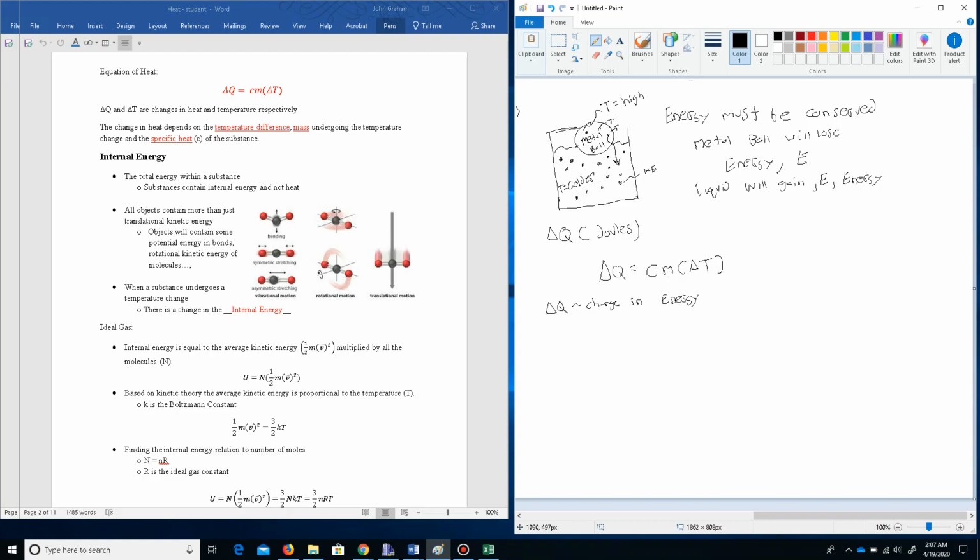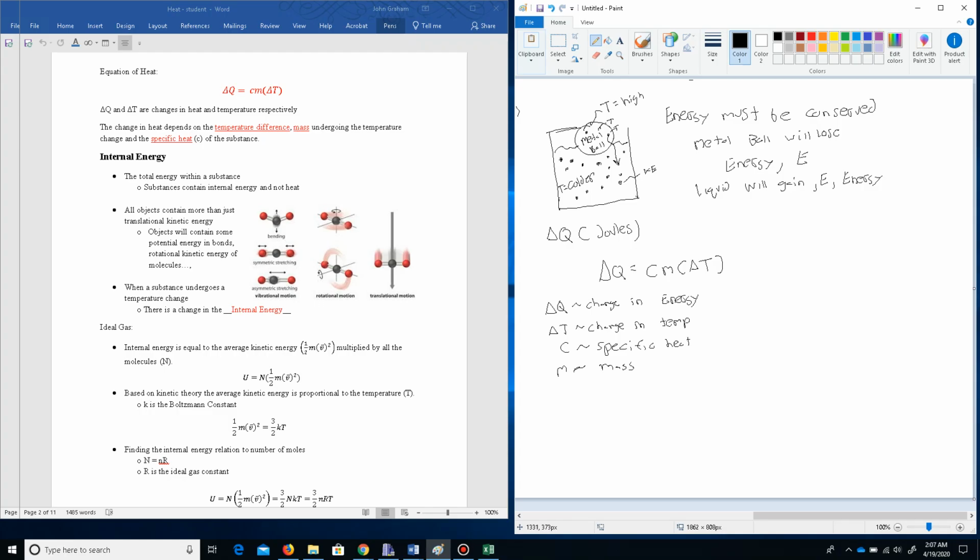Delta T is your change in temperature. C is going to be your specific heat. And M is going to be your mass.